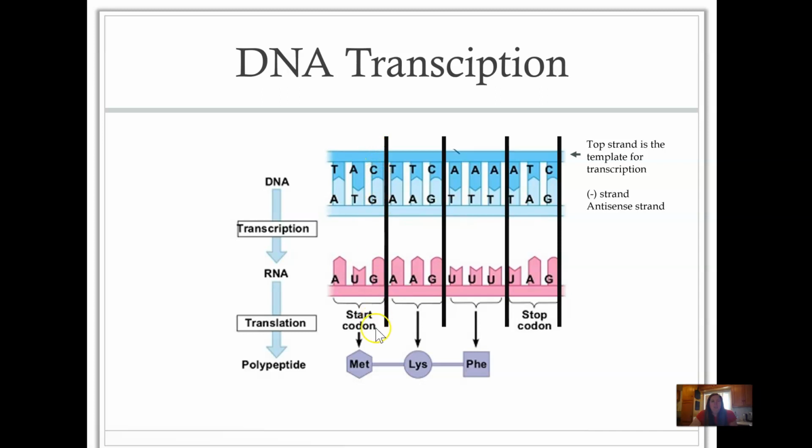We can find our start codon, which is AUG, and we group them into groups of 3 nucleotides after that. So our first codon is AUG. Our second one is AAG. Third one is UUU.